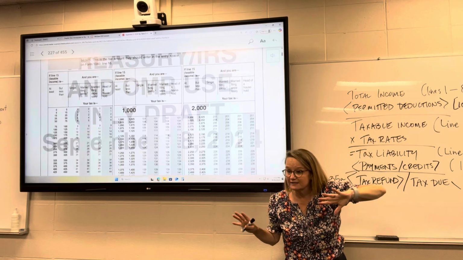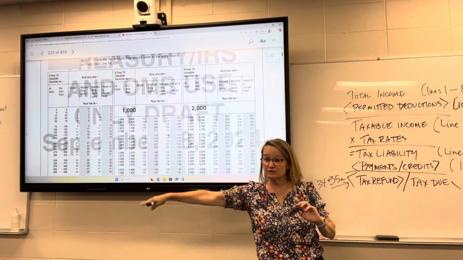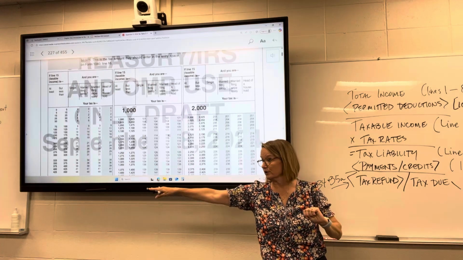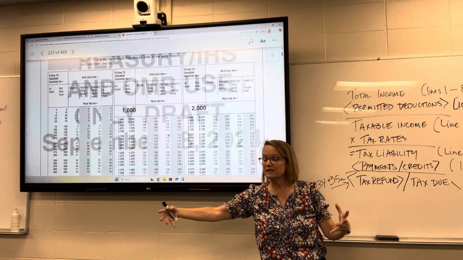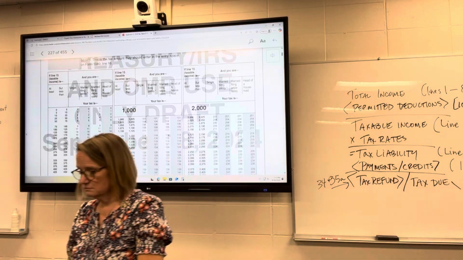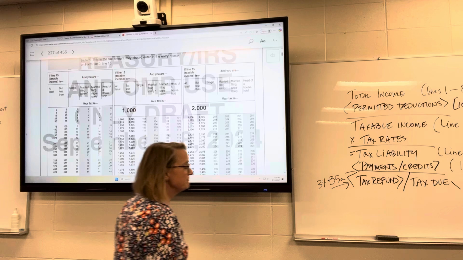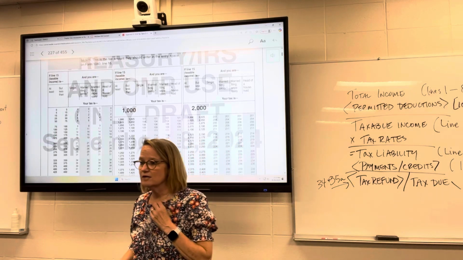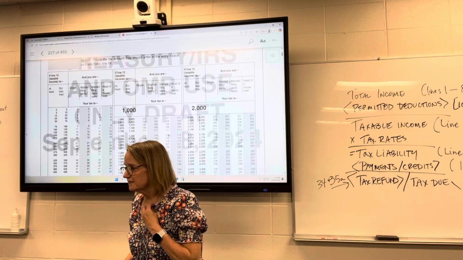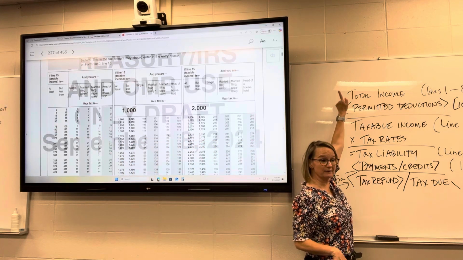They're giving you the filing status. And remember, on the form, that standard deduction was right there on the 1040 form. It's listed there for you. So if you get a problem that says, you know, Joseph has W-2 income of $70,000 and he's single, figure out what his tax liability is. Know that it's W-2 income, so it's total income.